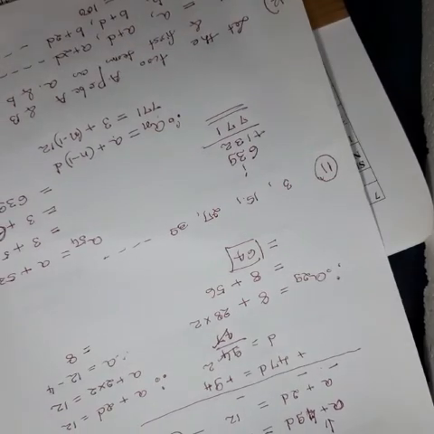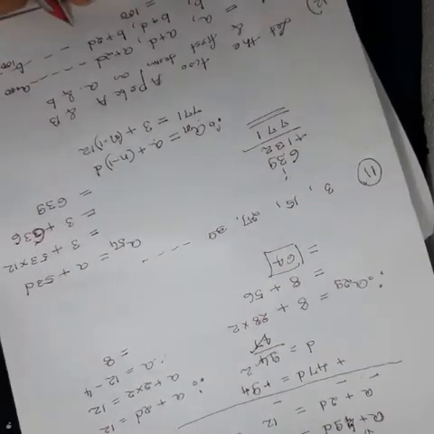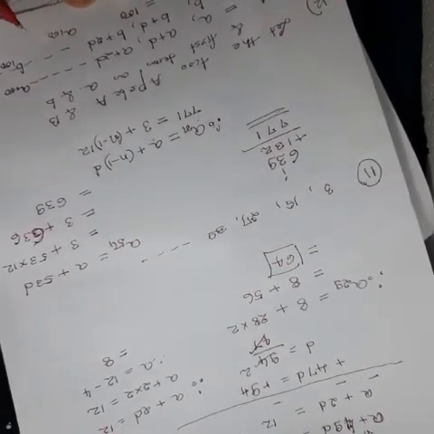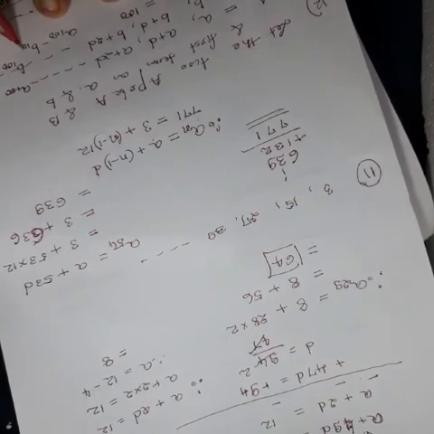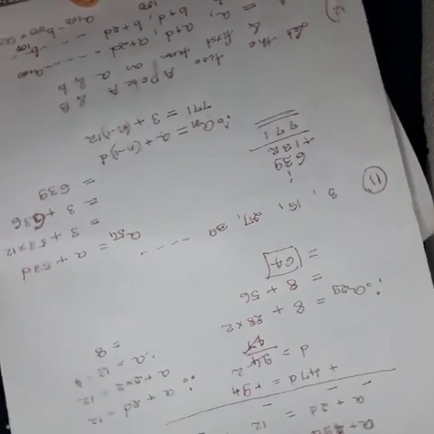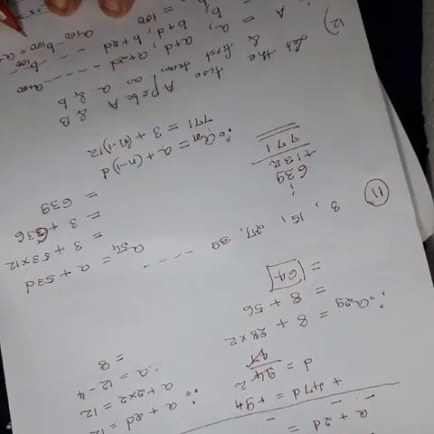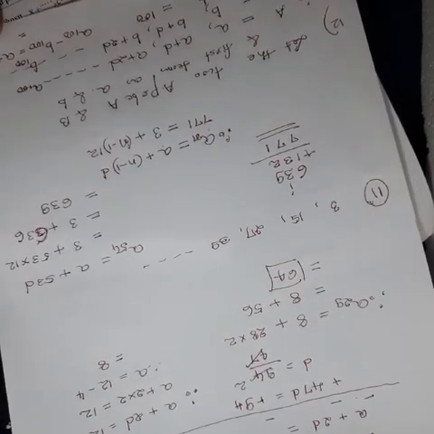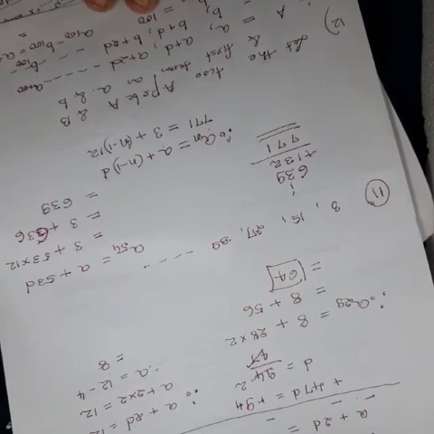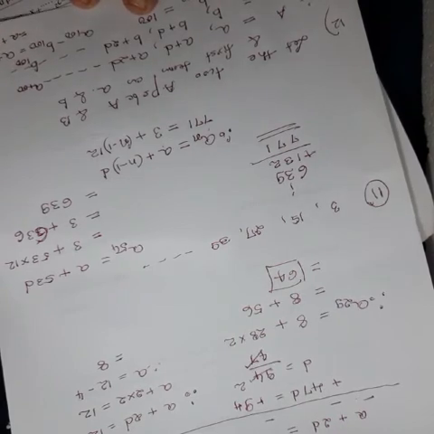So what we should do here is, A100 minus B100 means I will write A plus 99D minus (B plus 99D). Why I have written this, you will come to know. You have to think and understand. Now A plus 99D minus B minus 99D.